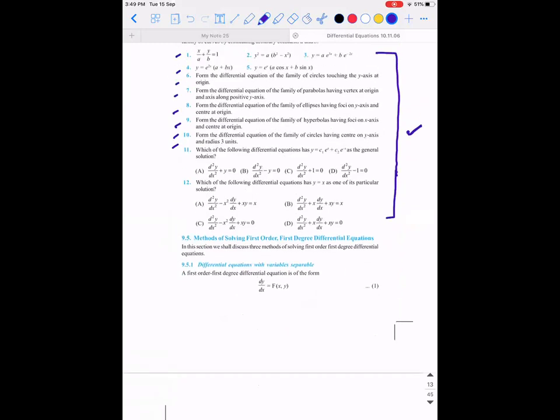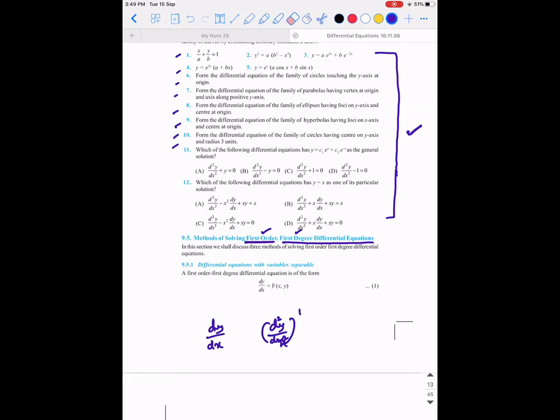Now I'm going to the next exercise, that is methods of solving first order and first degree differential equations. In this chapter, we are going to concentrate only on first order and first degree differential equations. So you know what is first order? dy by dx is first order. First degree is any order raised to the power of 1.